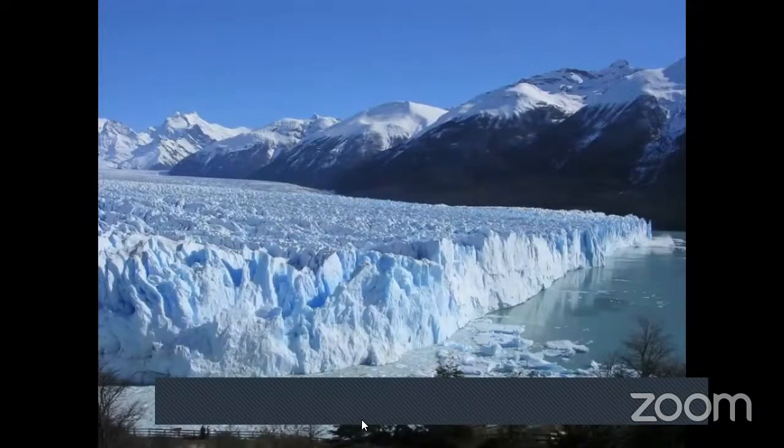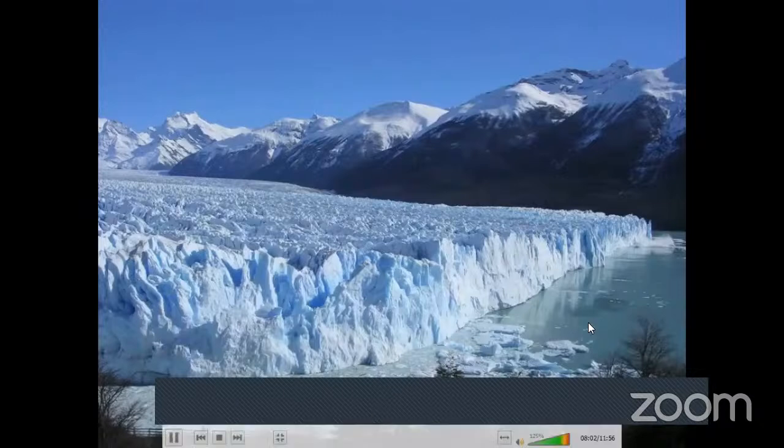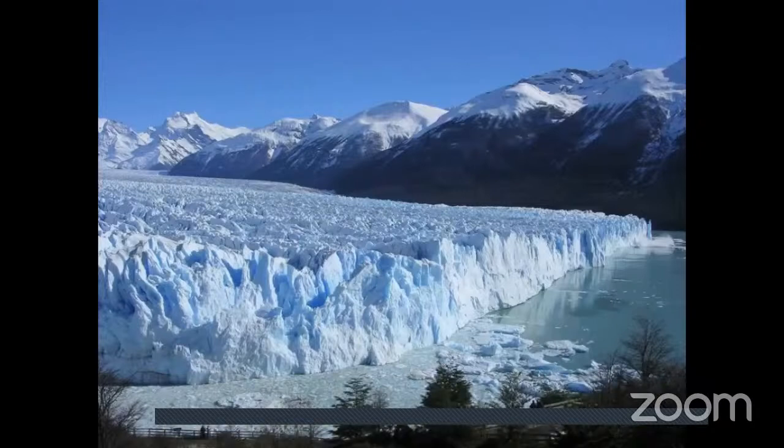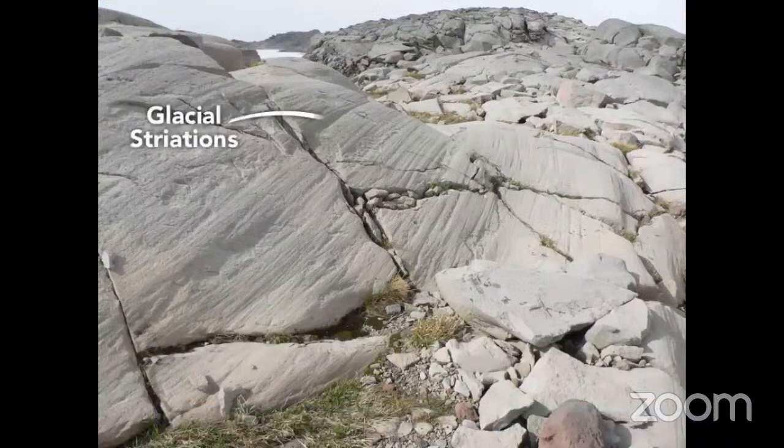And of course, glaciers have to be found in cold parts of the Earth. Today, they're restricted to only the highest mountaintops and of course the north and south poles of the Earth. Something interesting about glaciers is that they move, and when they move over the rock beneath, they leave evidence in the form of scratches that we call glacial striations, which you see here.